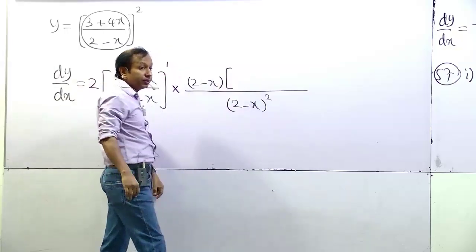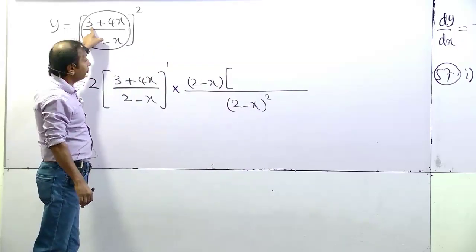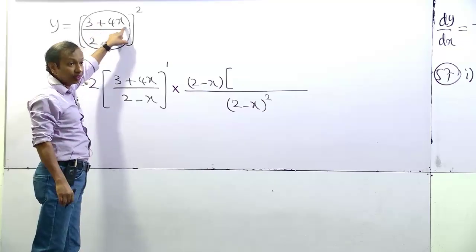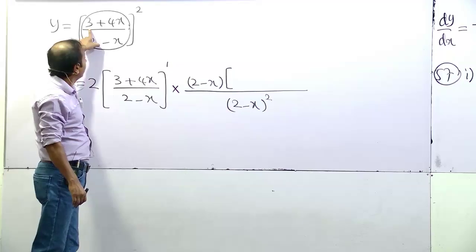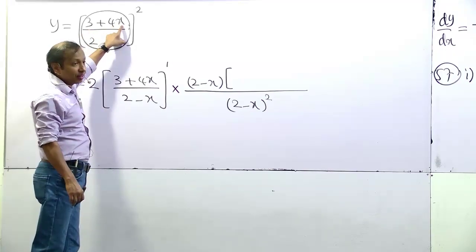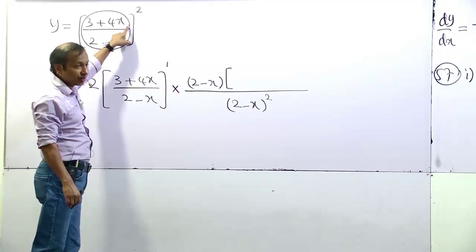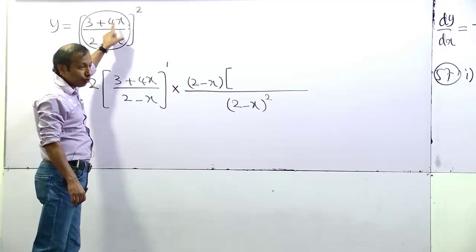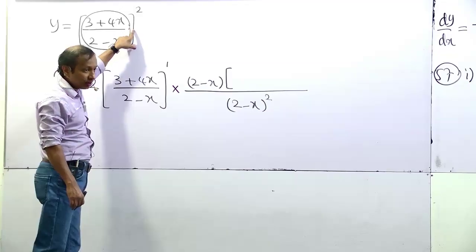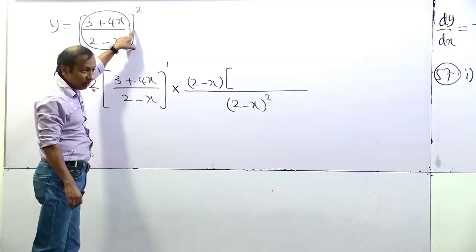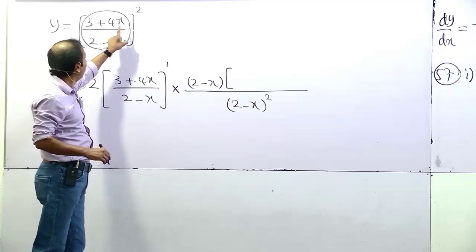Multiply that by what? The derivative of the numerator, 3 plus 4x. 3 is a constant alone, 0. 4x: 4 is a constant, x is a function. How to differentiate? 4 we keep the same, multiplied by the derivative of x. What is that? The derivative of x is 1. 4 into 1.